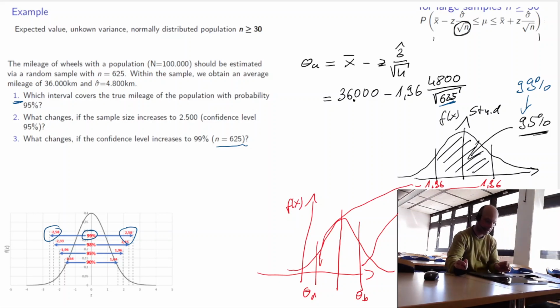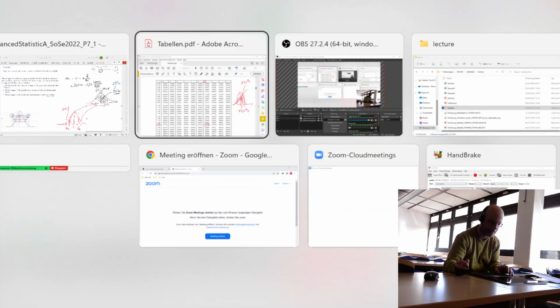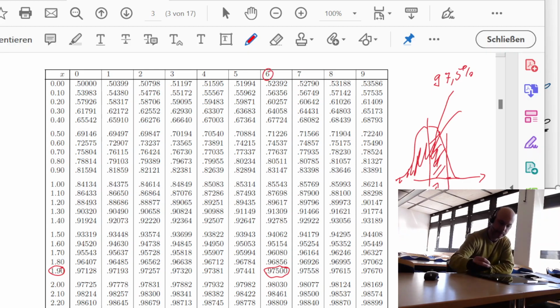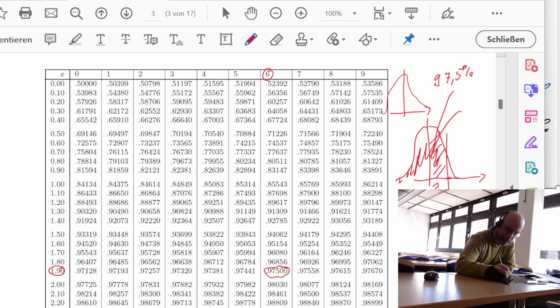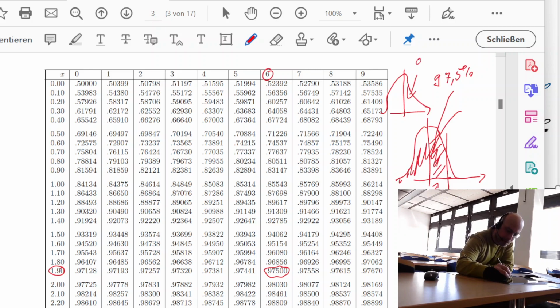And the 2.58 we have here. And of course, if we go in our table, we have to look to 0.995.